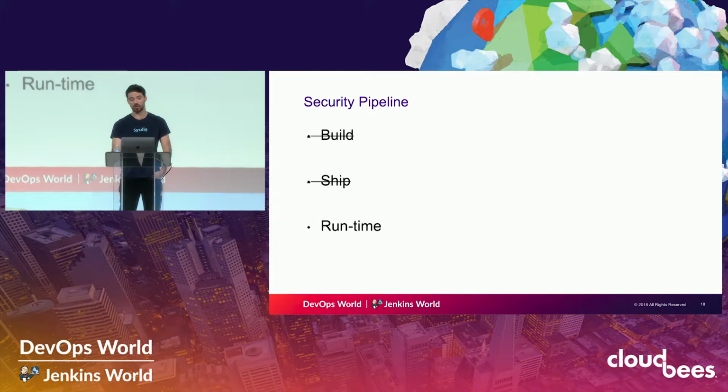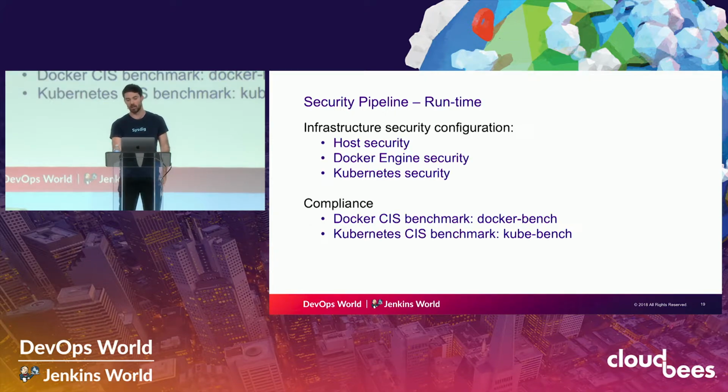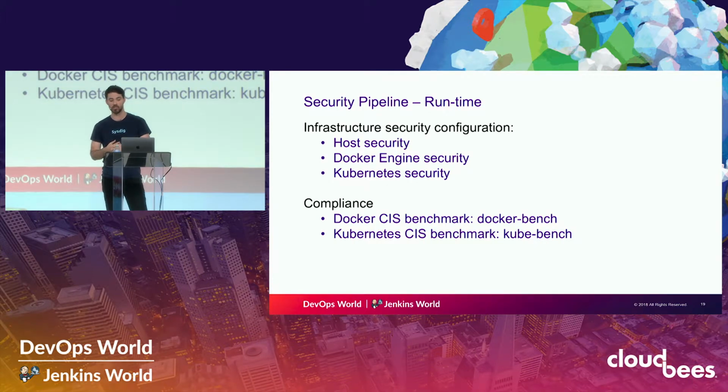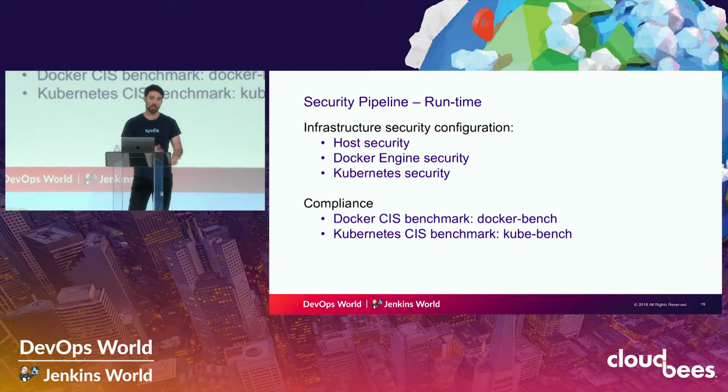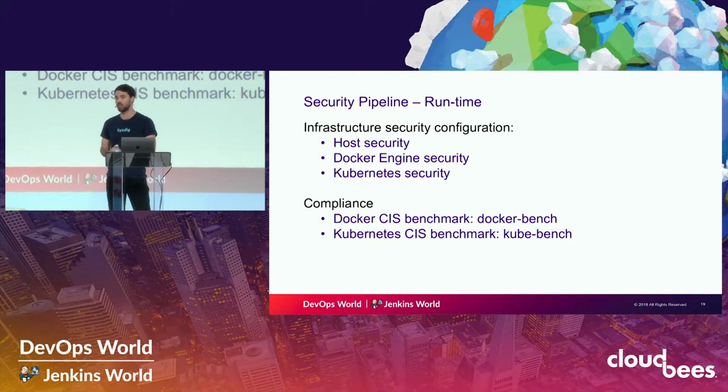OK, so from a runtime perspective, now we're ready to deploy these images. Let's look at the infrastructure and how we're going to need to secure it. You have to secure the underlying host where those containers are running. You have to secure that Docker daemon. And then from a Kubernetes perspective, you're going to have to secure etcd, your API server, a bunch of other different tools.